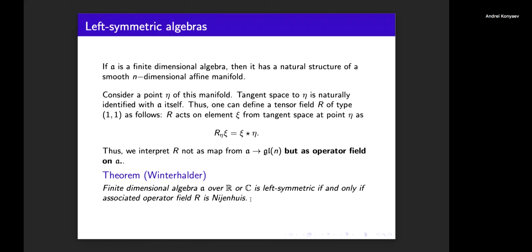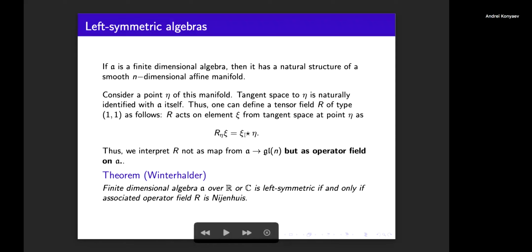At point eta, if we take an element Xi from the tangent space, then I will define an operator field. Basically we have a family of operators, where to each point an operator is associated, so we defined an operator field. It acts like this at point eta, applying to the vector Xi from the tangent space: it's just the right multiplication by it.